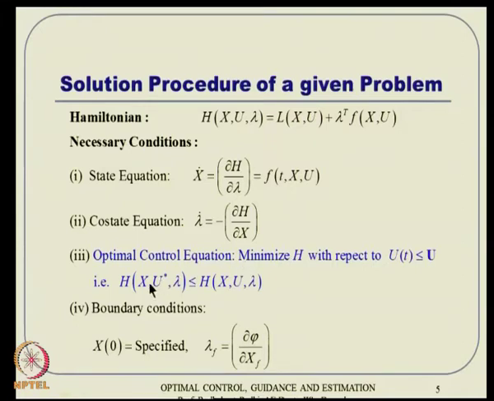Instead, we have to analyze this inequality: Hamiltonian of x, u star, lambda is less than or equal to Hamiltonian of x, u, lambda. This inequality should give us u star. How we get it, we will discuss in this lecture for LTI systems.